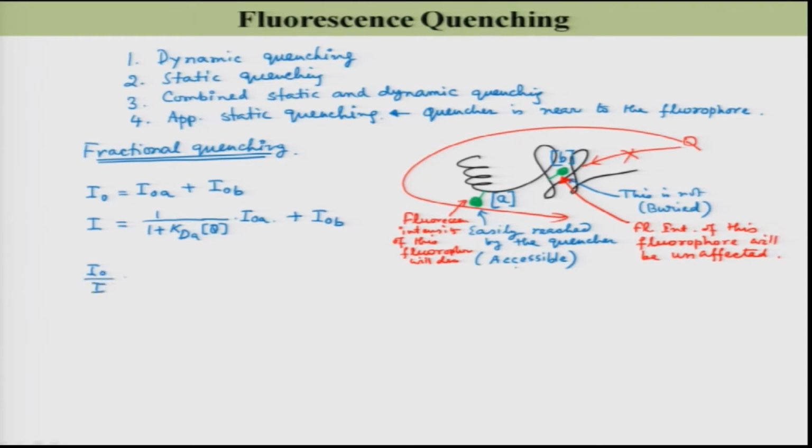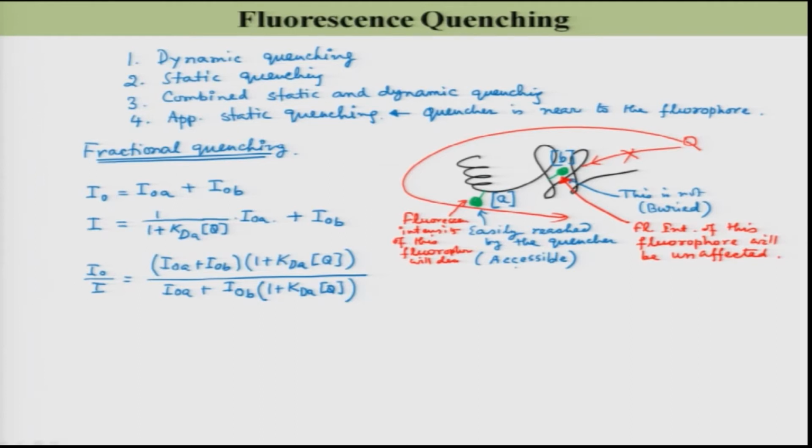I 0 by I is equal to I 0 A plus I 0 B into 1 plus K d A into Q, divided by I 0 A plus I 0 B multiplied by 1 plus K d A into Q.